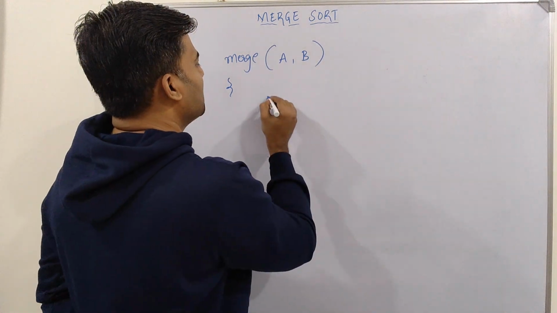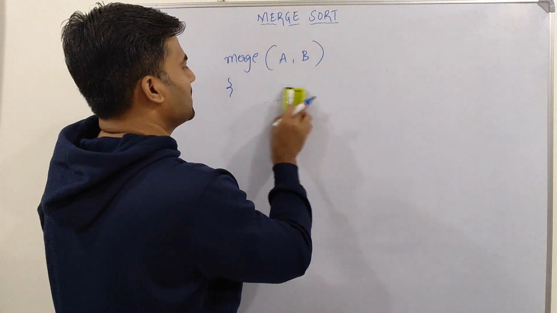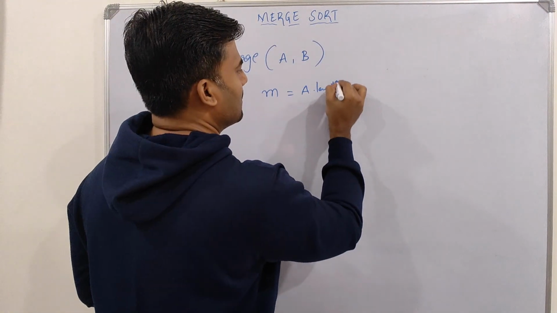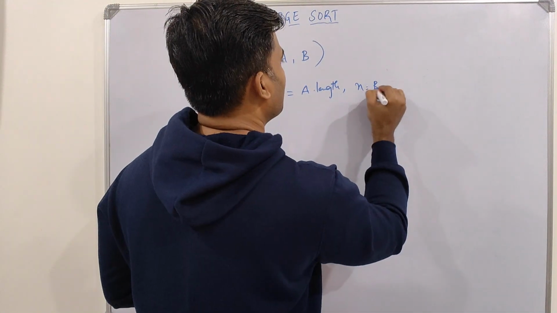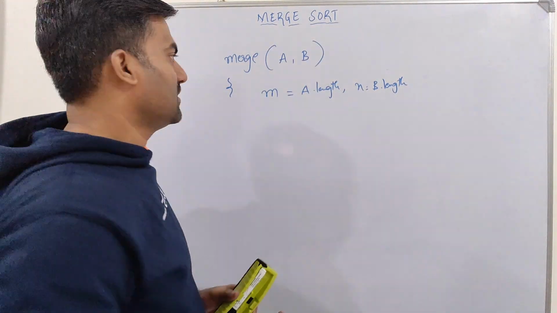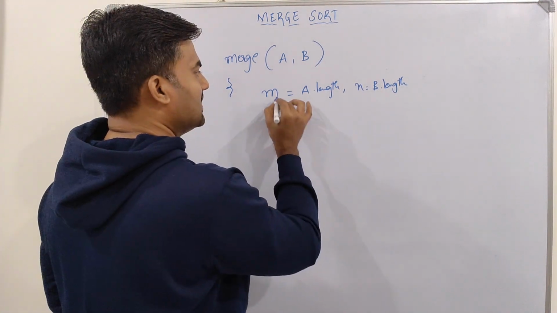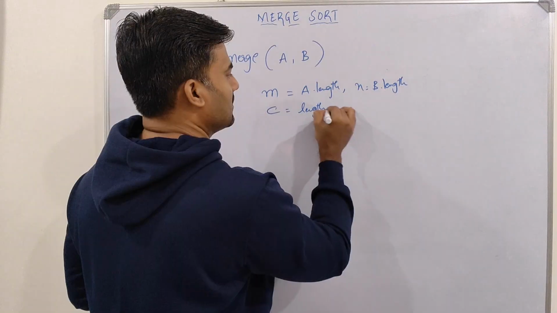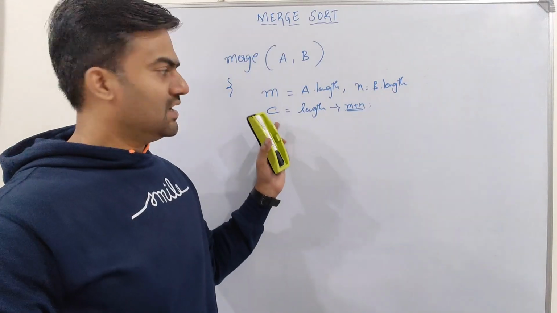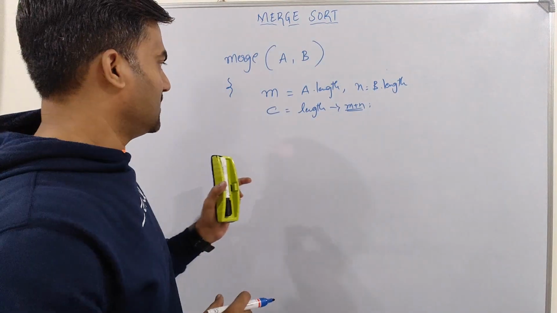Before that, let M be the length of array A, so A dot length, and N be the length of array B. Now the resultant array, which is C, is of length M plus N. So we will take another array C, of length M plus N, and this holds the merged array.